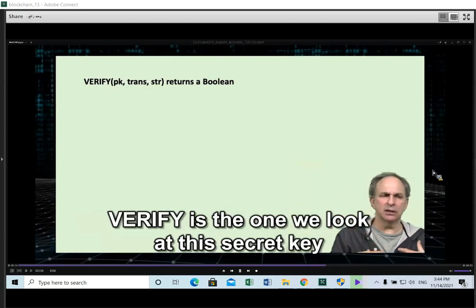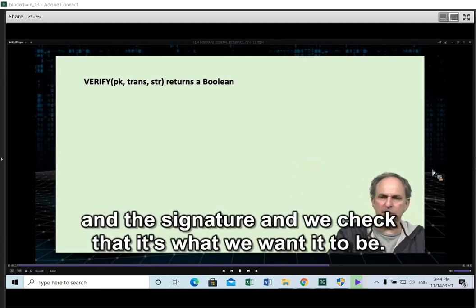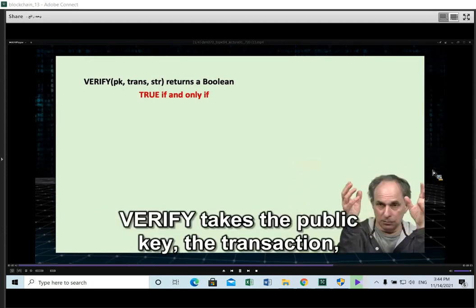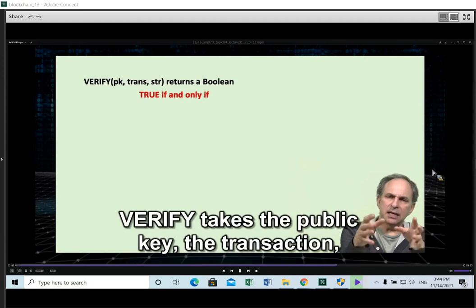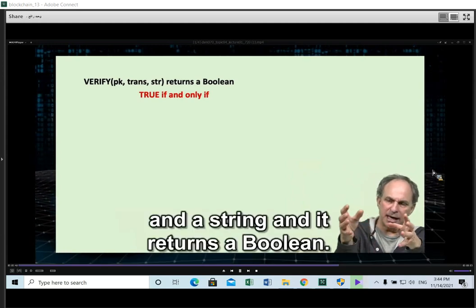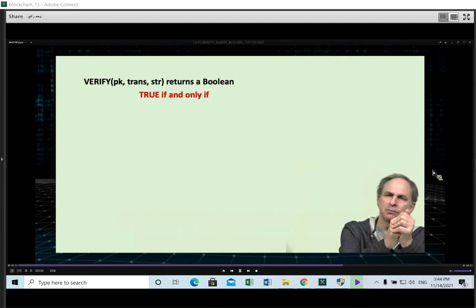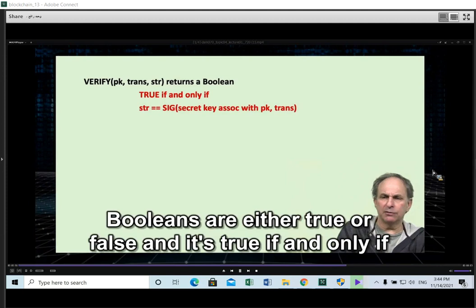Boolean's either true or false, and it's true if and only if the string, the last input, is equal to applying that signature function not on PK, but on SK, the secret key associated with the PK and the transaction trans.